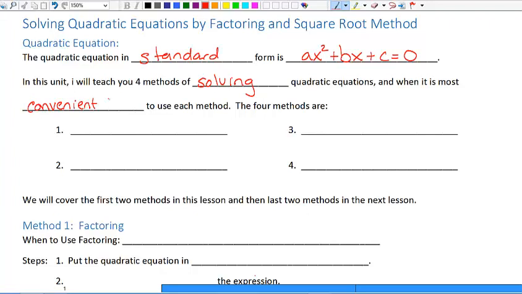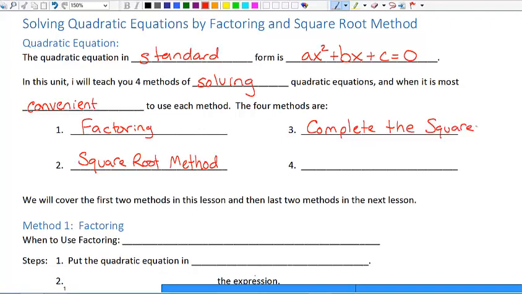So the 4 methods that you're going to learn this unit are: first, factoring; second, the square root method, which some books call extraction of roots; the third one is going to be completing the square; and the last one will be the quadratic formula.